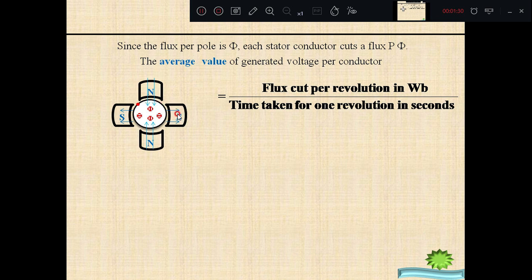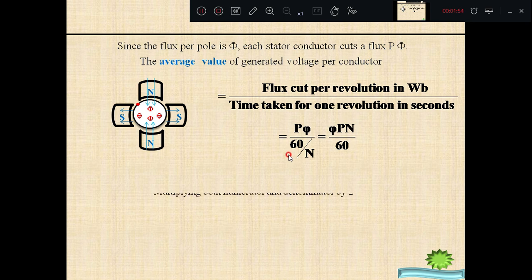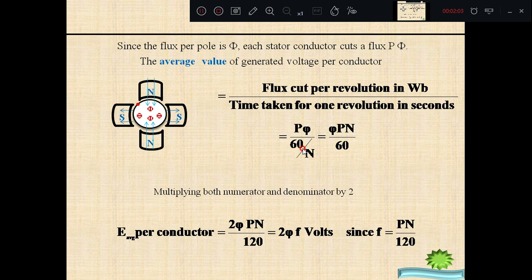Therefore, the flux cut by a single conductor in a single revolution is P into φ, and the time taken for a single revolution is 60 by N. So the average value of generated voltage in a single conductor is φPN by 60. If I multiply both numerator and denominator by 2, the average induced voltage in a single conductor is given by 2φPN by 120.